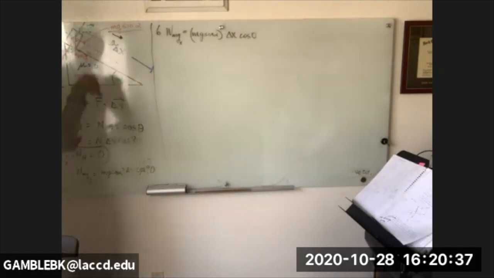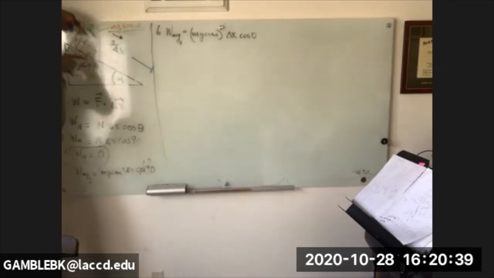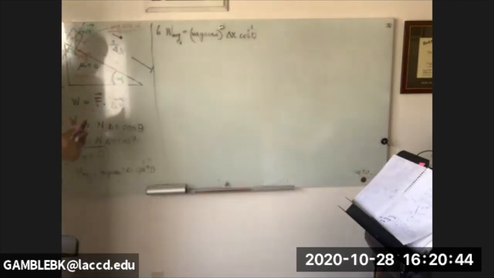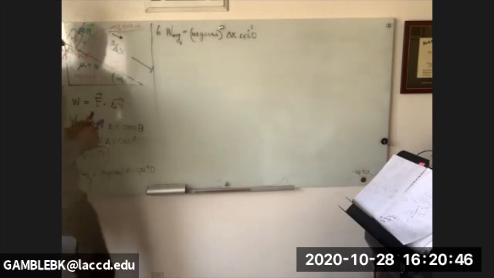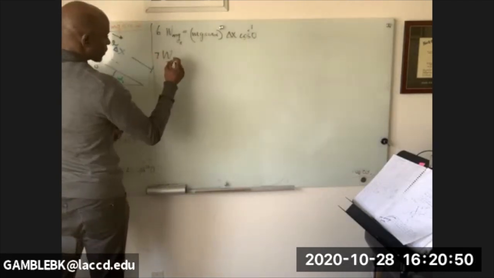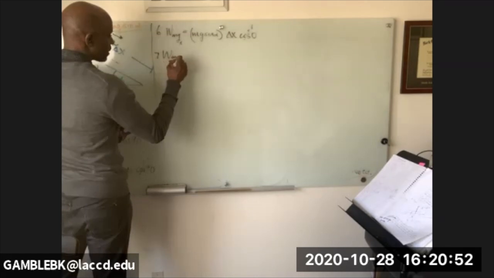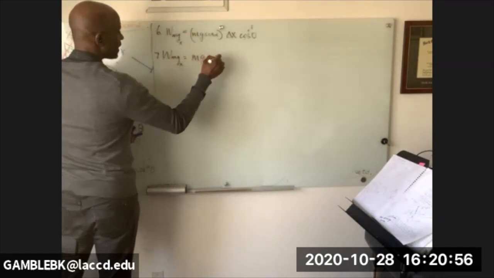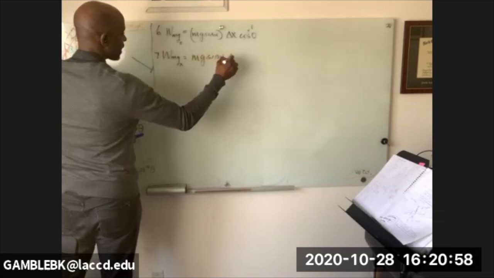And we're moving along delta x, mg sine alpha is in that same direction, so the cosine goes to 1. And now we're at the work. Basically, the total work is equal to mg sine alpha times delta x.